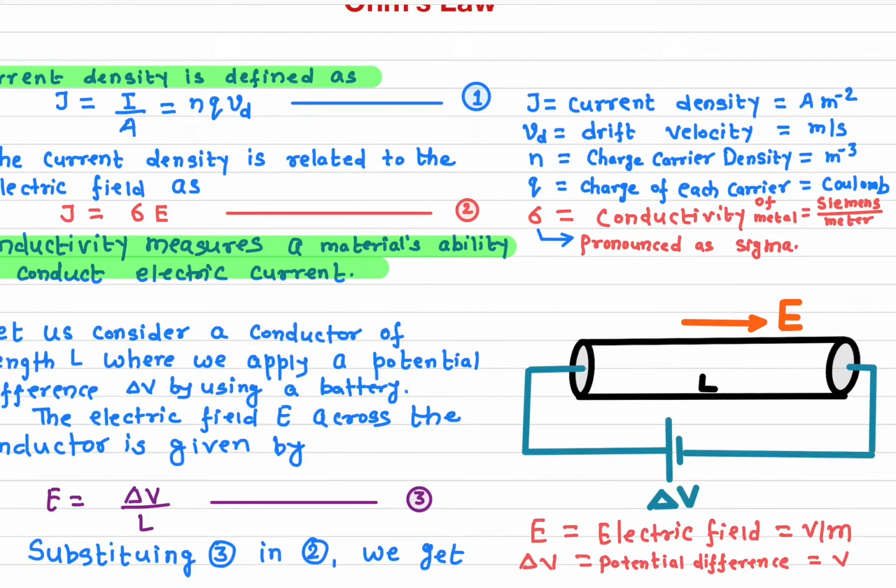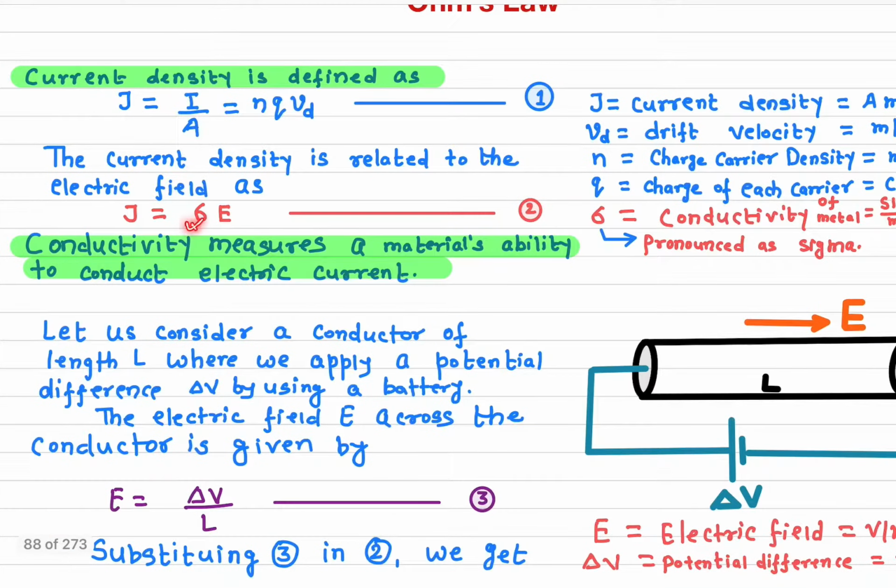So the relationship between the current density and electric field is given by this equation here. And there is a constant, this constant sigma, which is pronounced as sigma. This symbol represents the electrical conductivity.